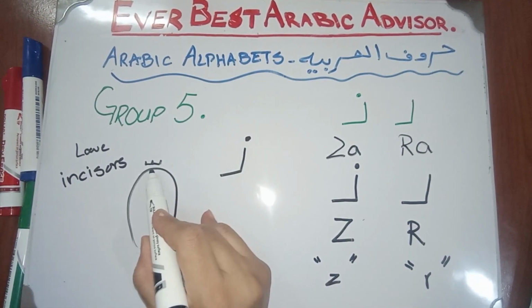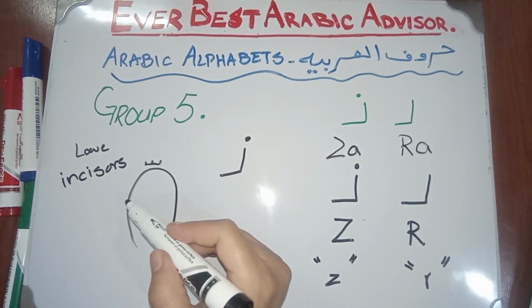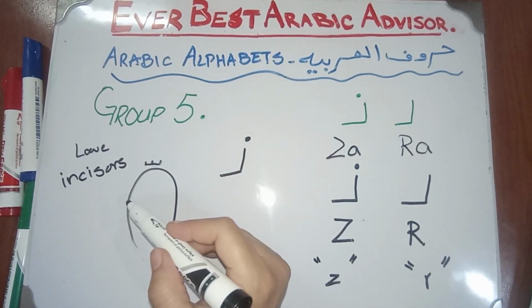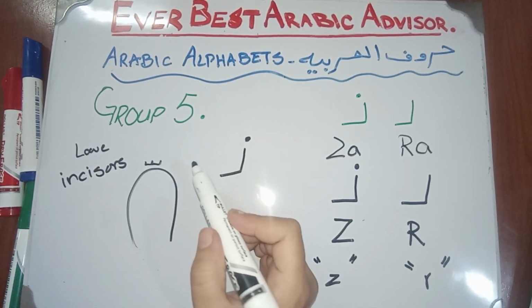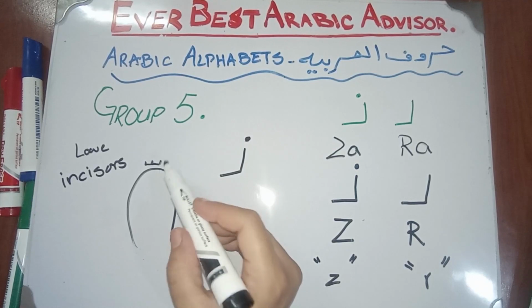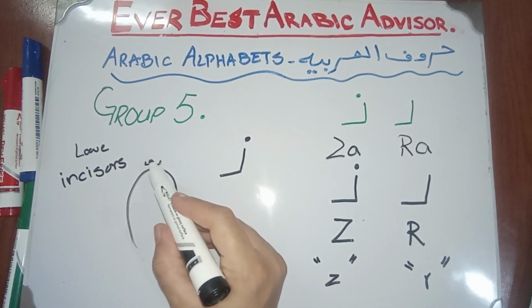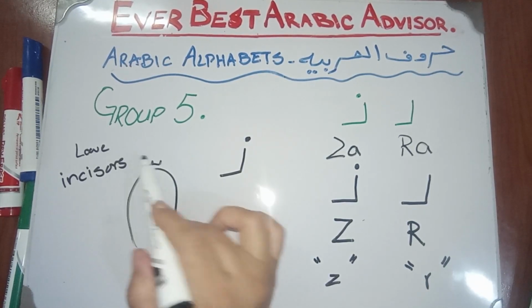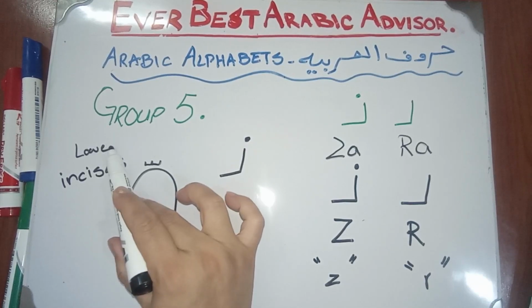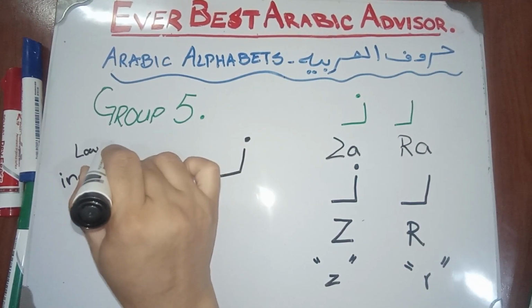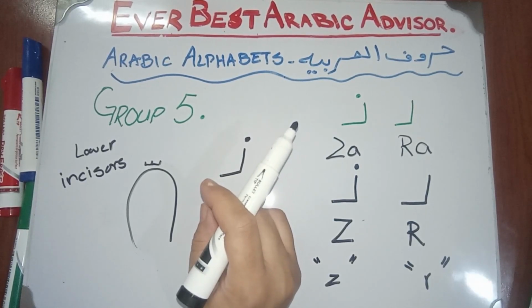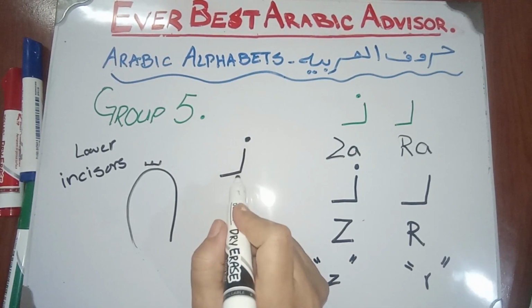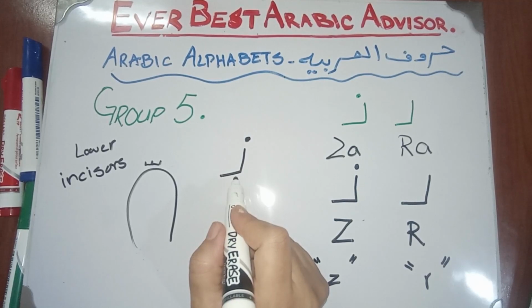When the tip of the tongue touches the inside of the lower two incisors, leaving a small space between the tongue and the incisors, because Za makes a whistle sound. You leave a small space, just like when you make a whistle sound, you make a little space because Za has a whistle sound.